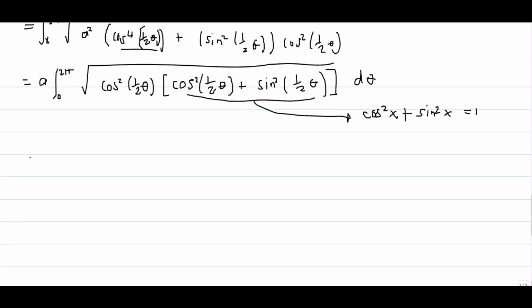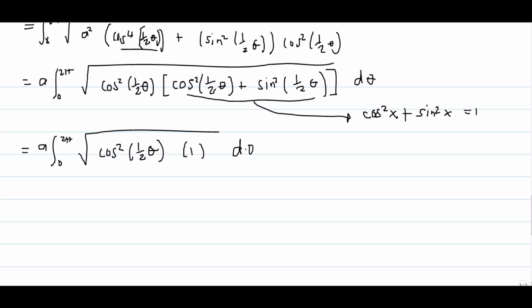Okay, so therefore we have the integral of 0 to 2 pi. Okay, then we have the square root of the cosine squared 1/2 theta here, times 1, then d theta.